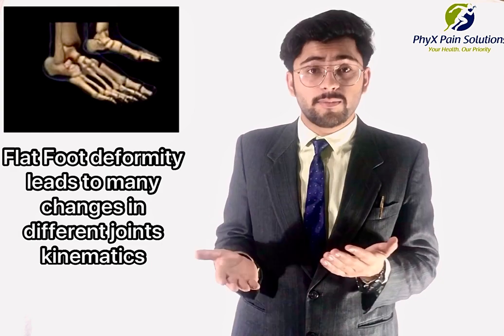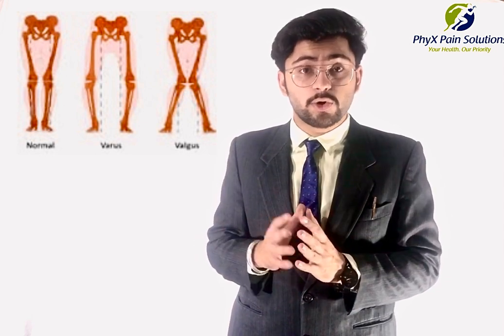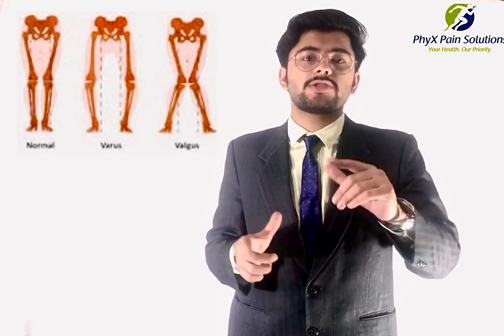On the other hand, some people, which is more predominant, have a varus component at the knee, with increased adduction moment at the knee, and along with that increased tibiofemoral rotation. All these pathomechanics lead to an increased prevalence of osteoarthritis and the changes you see with osteoarthritis.